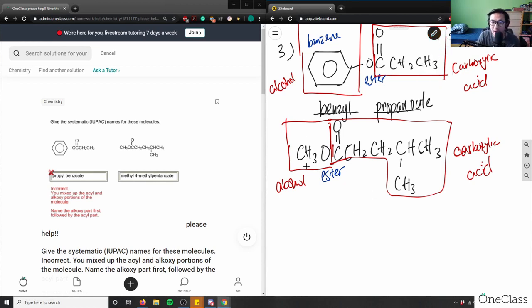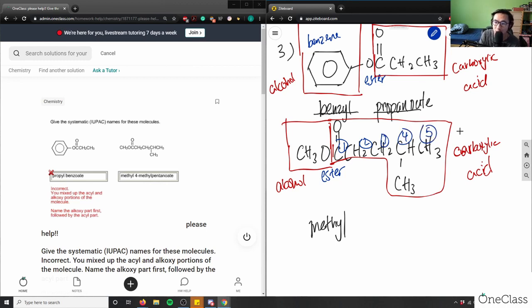So our alcohol here, I only have one carbon, which means this is simply just a methyl group. So methyl, and then here let's label the carbons. This is carbon 1, 2, 3, 4, and 5. If I label down here, it's totally fine.